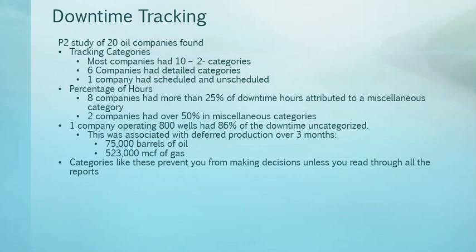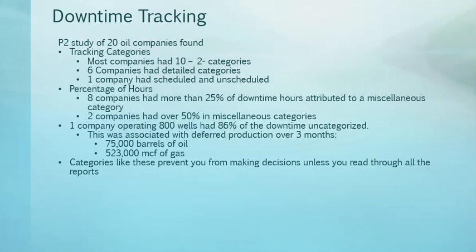Tracking the reasons that you have downtime. P2 performed a study of 20 oil companies and found 10 of those companies only had two categories for downtime. Six of the companies had detailed categories, and only one company separated out scheduled and unscheduled downtime. Eight companies had more than 25% of downtime hours attributed to miscellaneous categories.